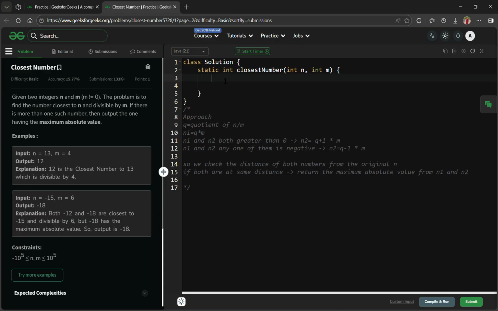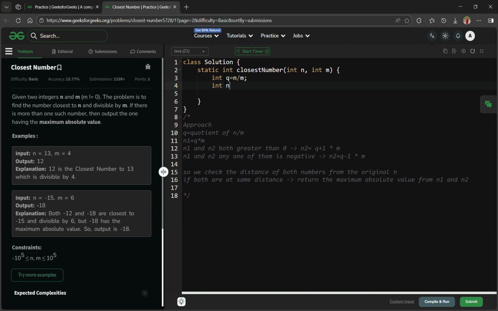So how to implement it? First we need to find the quotient, q is equal to n by m. Now n1, the possible closest number 1, will be quotient into divisor.